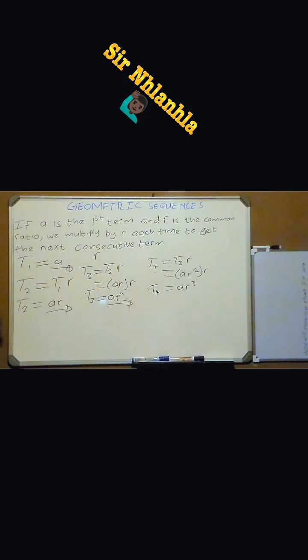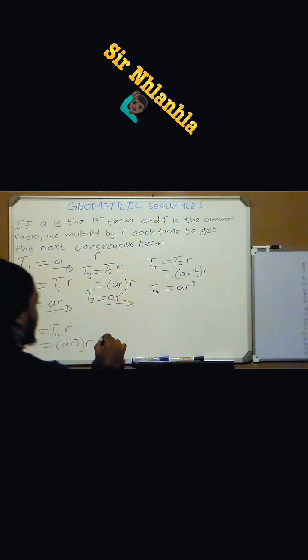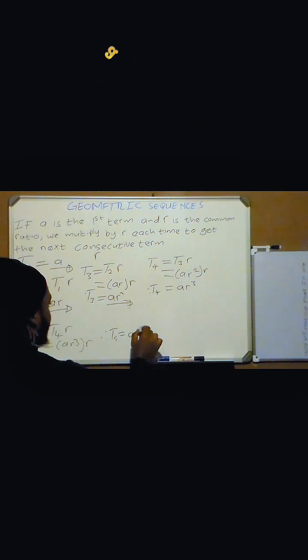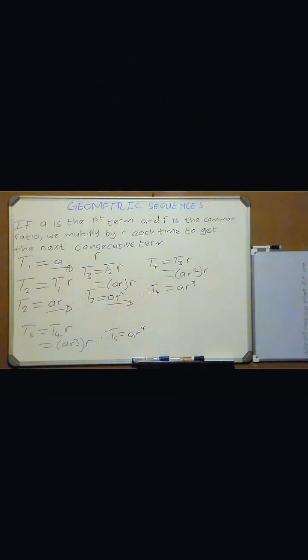Let's find the last term at least. T5 is equal to T4 multiplied by r. T4 is ar cubed, multiplied by r. Therefore T5 is equal to ar to the power 4.